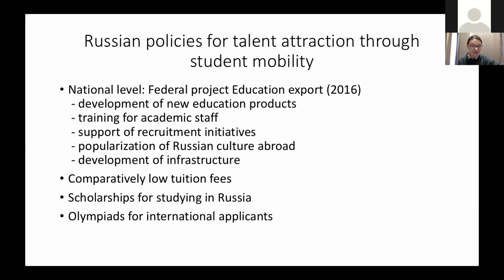And in addition, there are Olympiads for international applicants, which means that at the school level, the Russian National Recruitment Agency initiates competitions for school students who demonstrate exceptional success, and they are allowed to enter Russian universities without any specific application process and study for free.